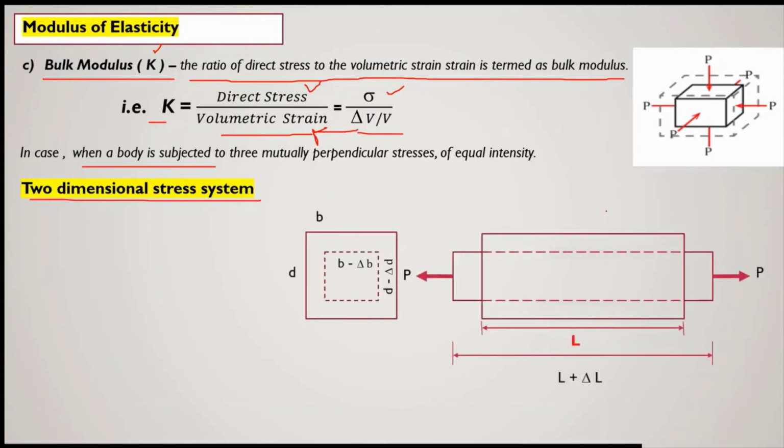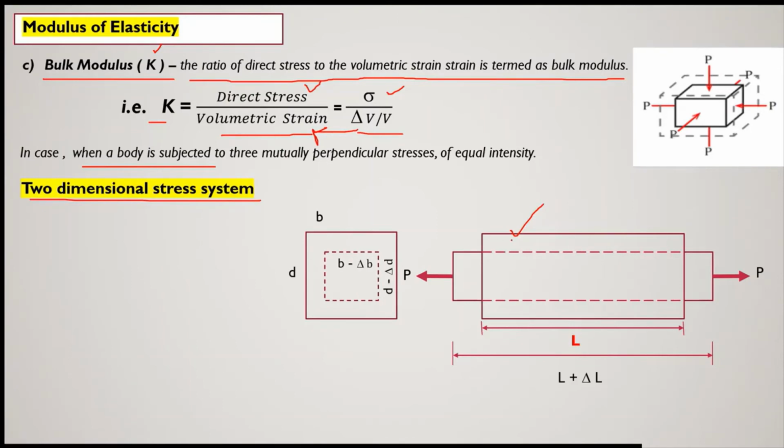Now let us consider, here you will find it may be a steel rod, and this was its original shape, where the length of the longitudinal dimension is L. Now it is subjected to some tensile force.